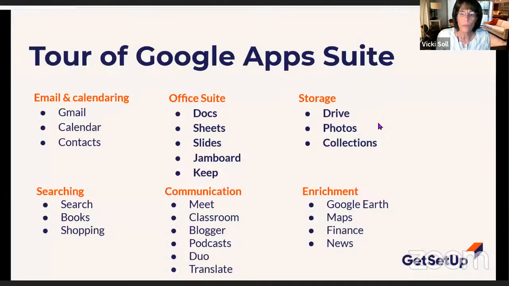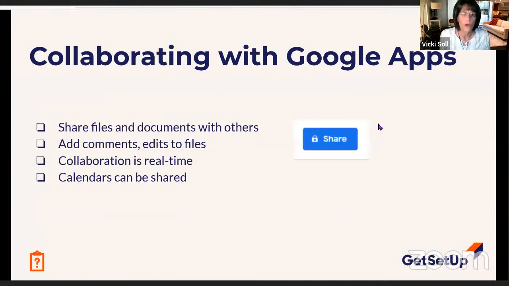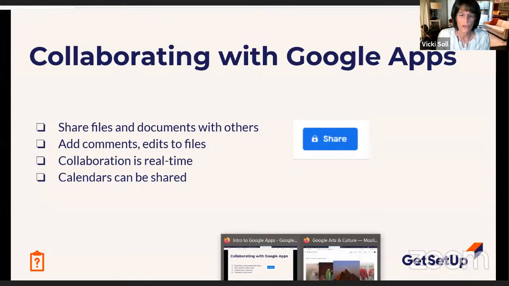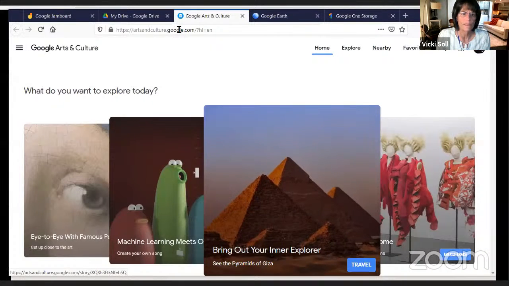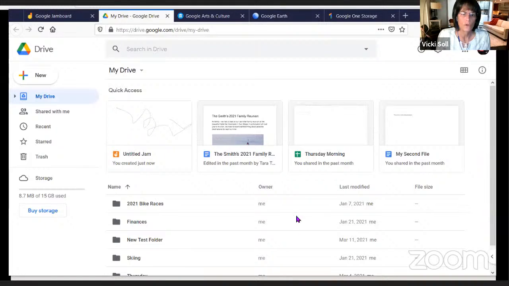The next thing I wanted to talk about was how we can share and collaborate on any files that you've created using the Google Apps. So when we talk about files and documents, let's get back to Google Drive.